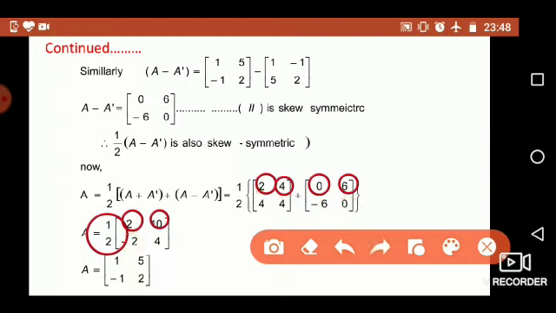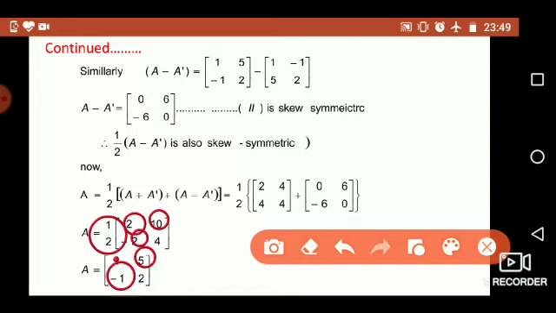Therefore, dividing throughout by 2, 1 by 2 into 2 gives 1, 1 by 2 into 10 gives 5, 1 by 2 into minus 2 gives minus 1, and 1 by 2 into 4 gives 2. Therefore, after adding the symmetric and skew symmetric matrices, we got the same matrix A, which is 1, 5, minus 1 and 2. Therefore, the theorem is verified.